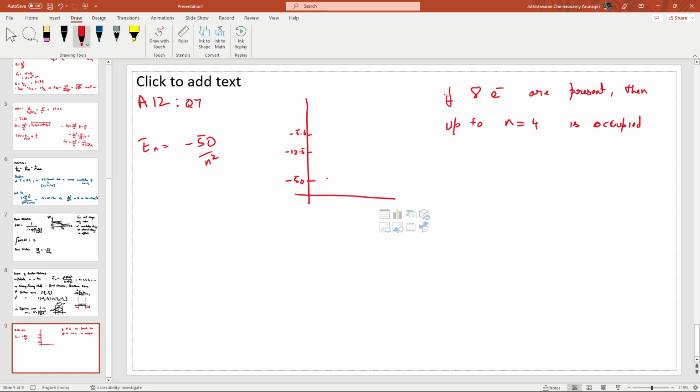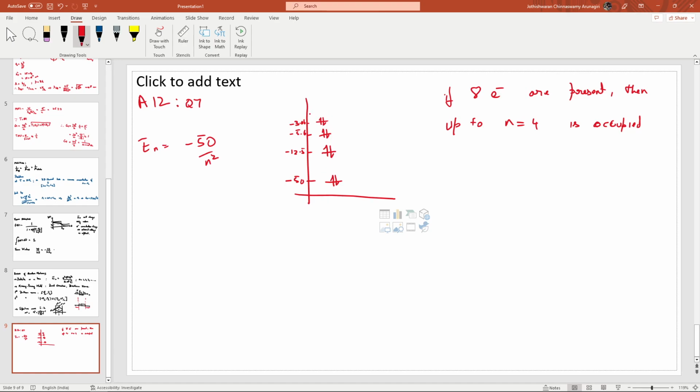So n equal to 1 will contain 2 electrons, n equal to 2 will contain 2, n equal to 3 will contain 2, and similarly 50 by 16 will come to minus 3.0625, so it should be minus 3.06. So we will have these levels filled.